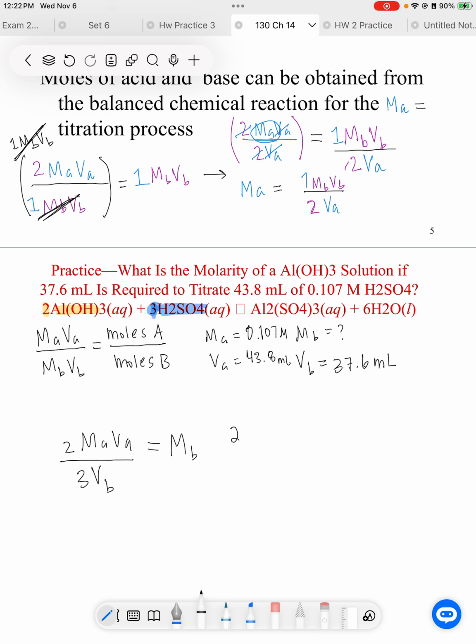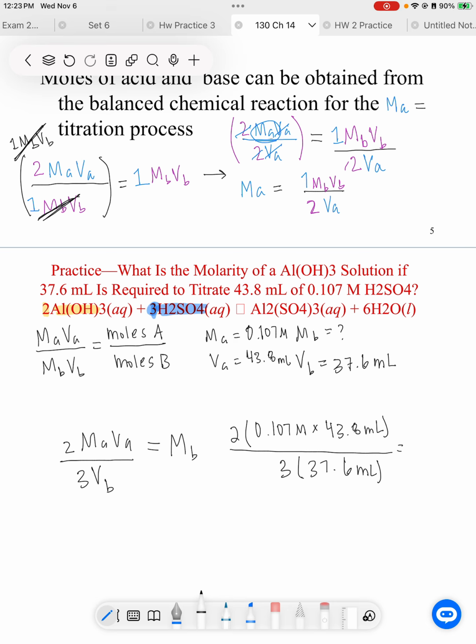So we do 2 times, what's MA? 0.107 molarity times, let's do it like this, our volume, which is 43.8 milliliters. And now we're going to divide that by 3VB. So we have 3 times volume of base, 37.6 milliliters. And that's going to equal our MB. Okay, so I didn't get my calculator out. Let me do that real quick.